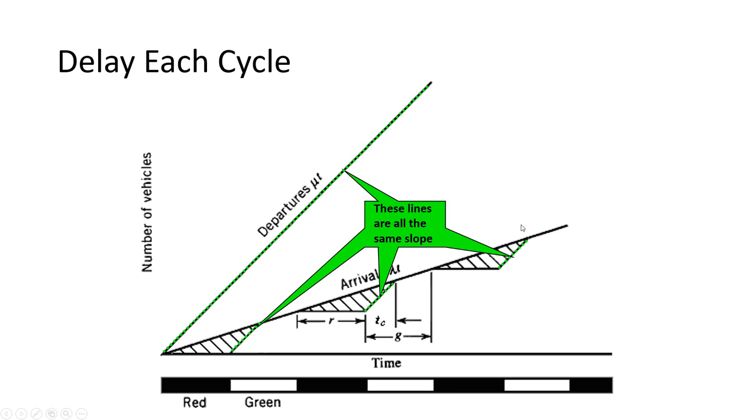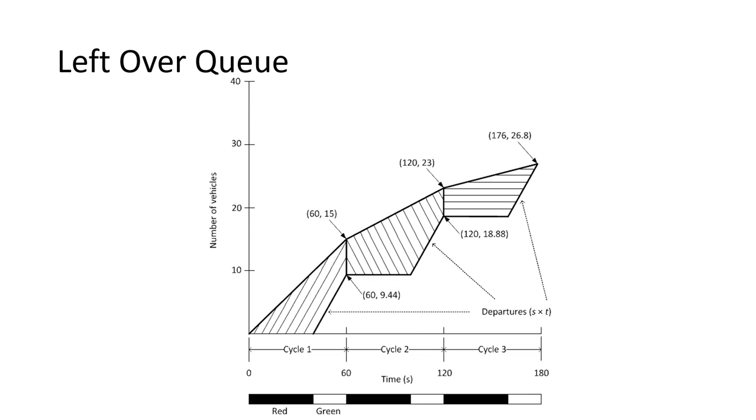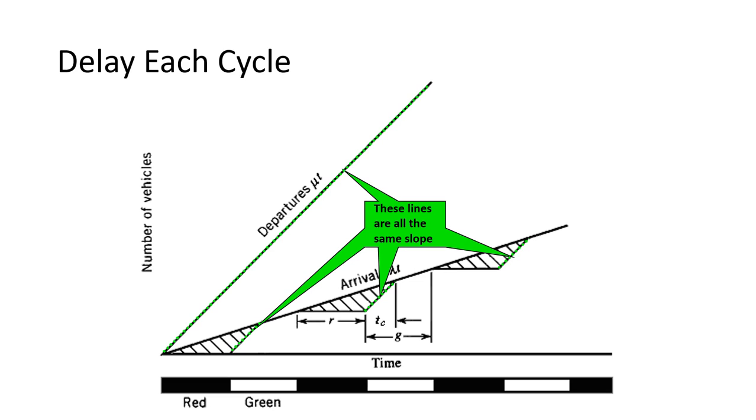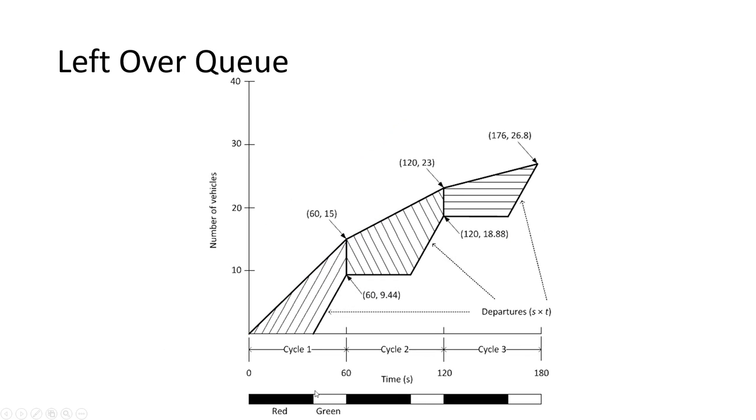So when the green hits, until that queue clears out, we're at that saturated flow rate. We already talked about that a little bit. So that's how you'd set that up. That's what it would look like graphically, and then you can calculate, based on that, to set this time gap to be 10 seconds, and then calculate what your red time would have had to be. So that's how you'd set that problem up.